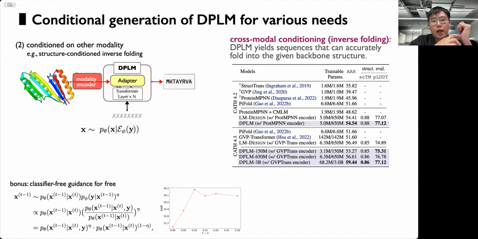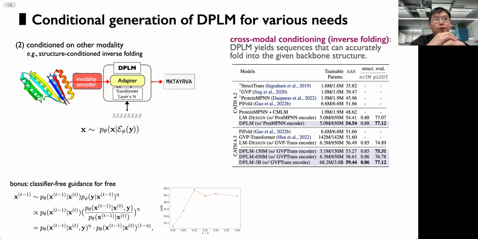Another thing I would like to mention is that because this cross-modal generation uses adapter tuning, the rest of the unconditional sequence model, or unconditional language model, is the same as before. So you can readily have two models, a conditional model and an unconditional model.